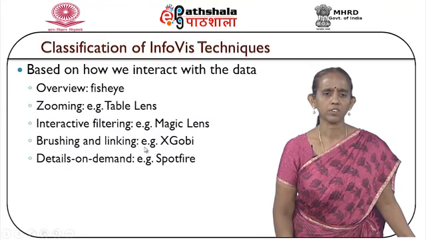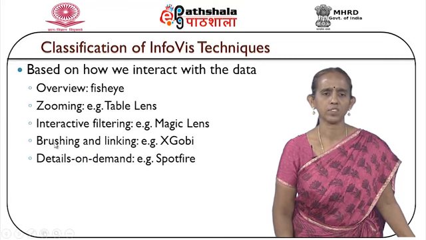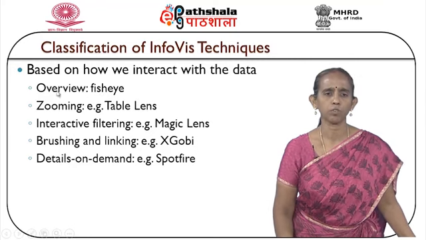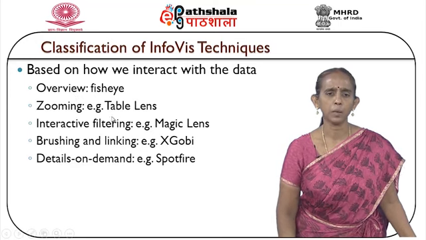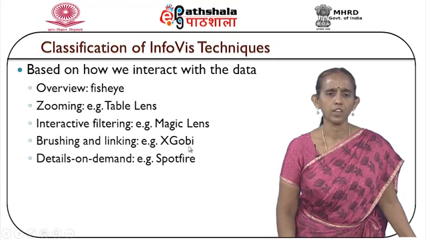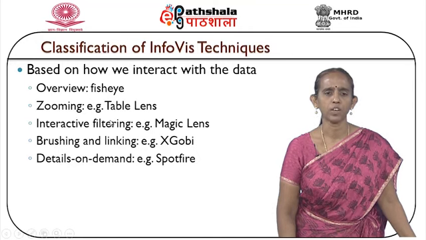So these are certain applications wherein all these kinds of interactions can be performed over the data set. In the fish-eyes view, it is possible for me to get an overview of the entire data set. Using table lens, it is possible for me to zoom in and zoom out certain objects on the screen. Using magic lenses, it is possible for me to perform certain kinds of filtering.